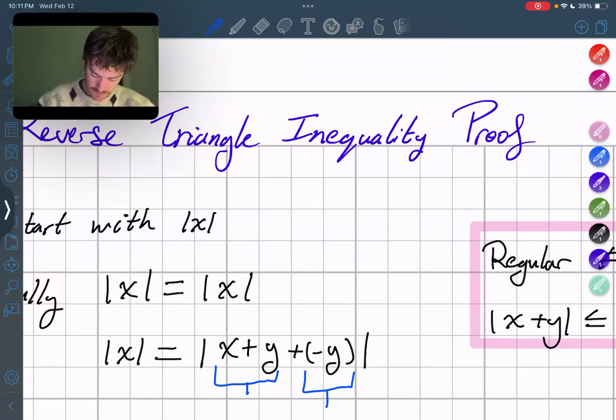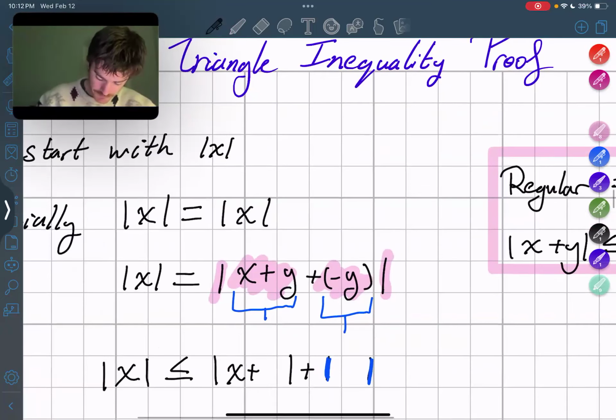So we have one number plus another number, which is perfect because they are both within these absolute values right here. So coming on down, we can pop both of these in some absolute values.